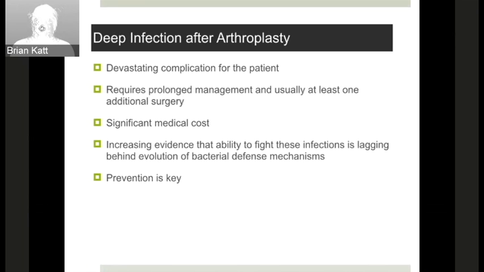Prolonged management, multiple surgeries, significant medical costs, and we've realized that even though there have been a lot of advancements in medicine in terms of what we do from the infection standpoint, not much has changed to alter these infections.